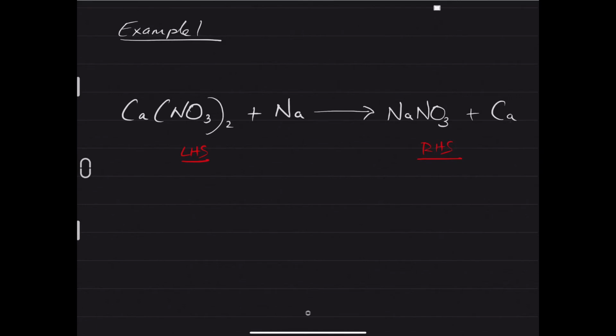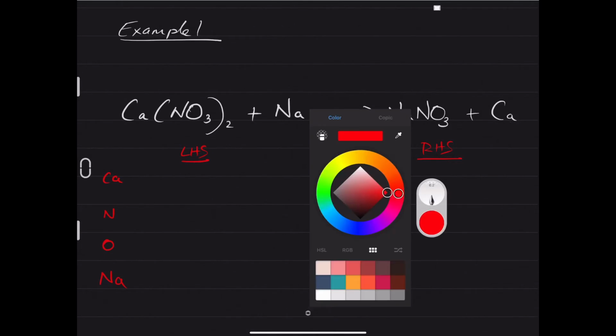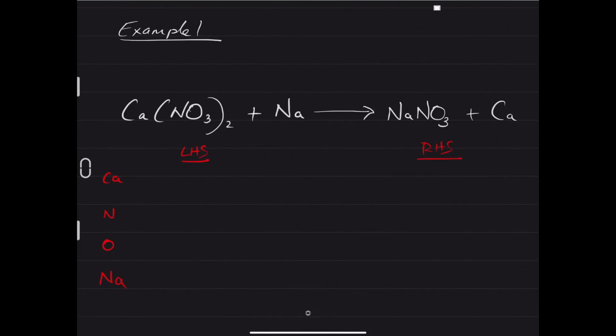So before we start doing anything, let's list the elements that we have: calcium, nitrogen, oxygen, and sodium. Now, let's list the number of atoms for each element on each side of the equation. So calcium: we have one calcium on the left-hand side, one calcium on the right-hand side. So we can write one on the left-hand side, one on the right-hand side.